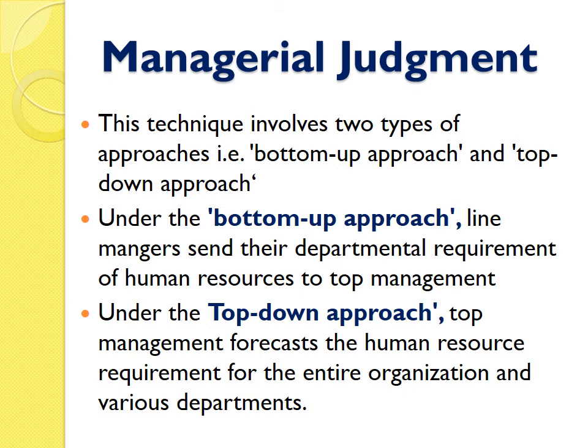This technique involves two types of approaches, that is bottom-up approach and top-down approach. These two approaches, from bottom to top and from top to bottom, are involved in managerial judgment.